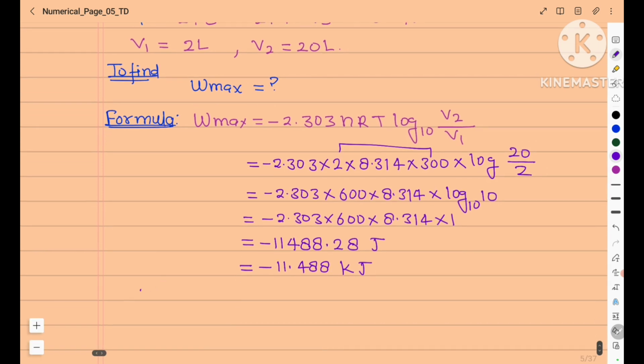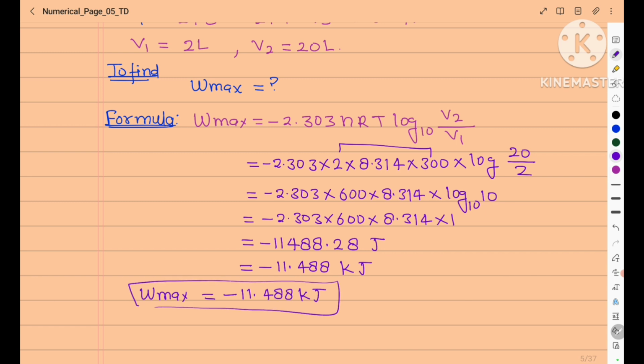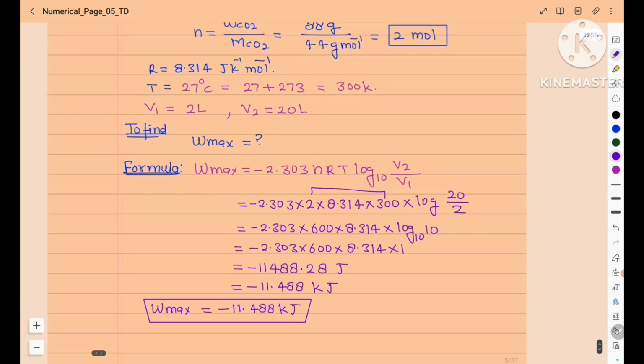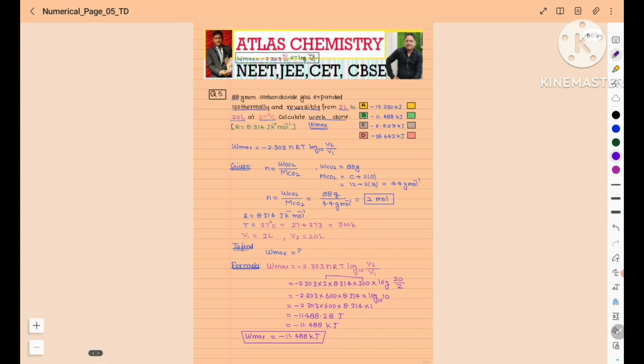So the final answer W max is minus 11.488 kilojoule. The given option B is the correct option.